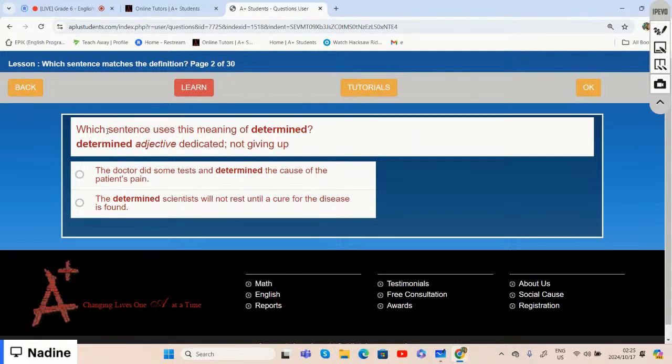Which one is correct? Option one or option two?